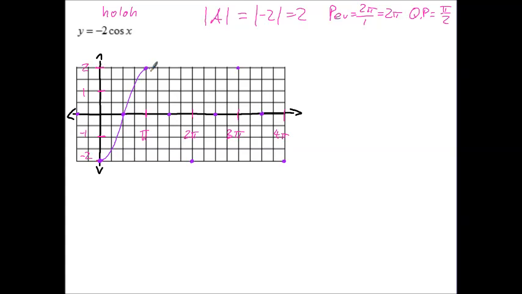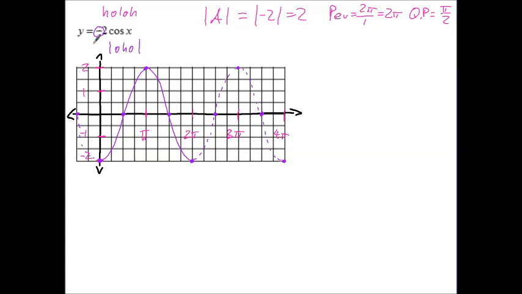Now I'm graphing our first period and the rest of the graph. So really what a negative sign does, if you want to think about it this way, it turns "O holo" into "holo O".